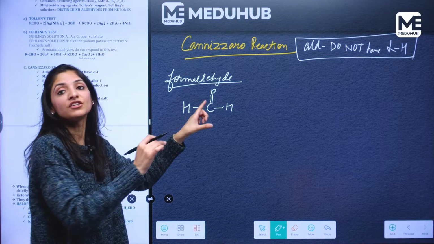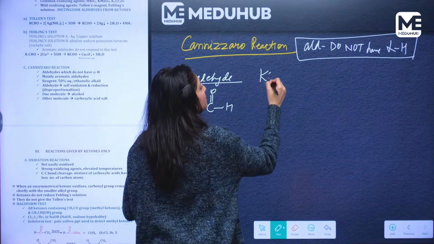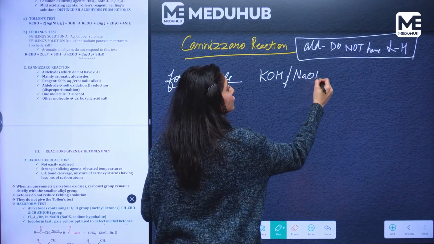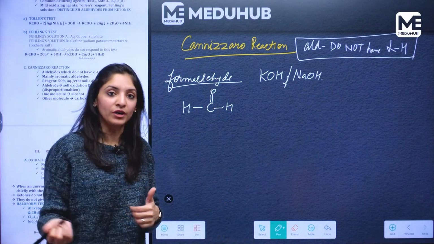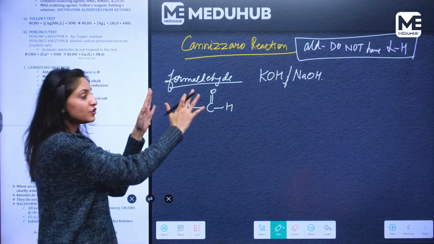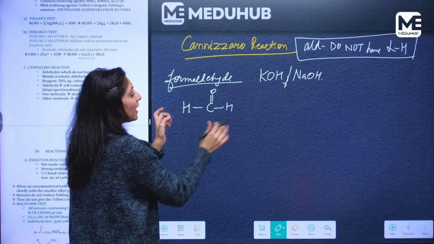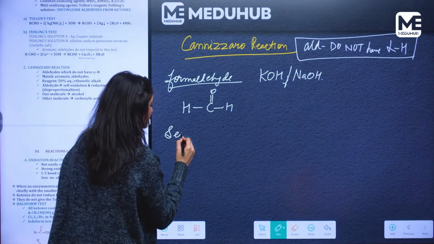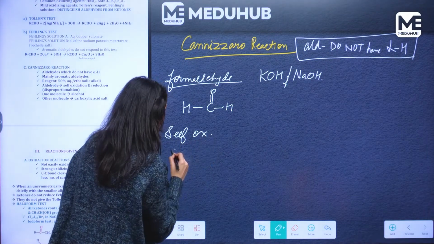The Cannizzaro reaction takes place in the presence of a 50% solution of KOH or NaOH in alcohol or in water. So this is concentrated NaOH or KOH. In this reaction, the molecule of aldehyde undergoes self-oxidation and self-reduction.